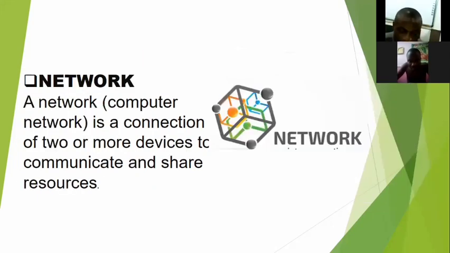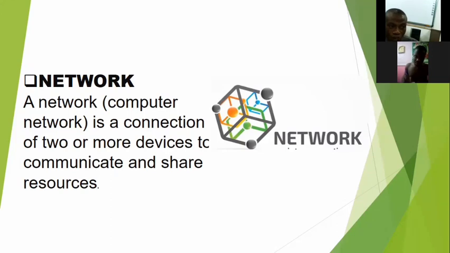A network or a computer network is a connection or an interconnection of two or more devices to communicate and share resources. In essence, for a network to exist, there must be two or more devices linked up together.